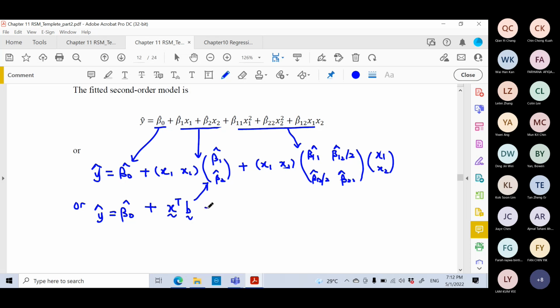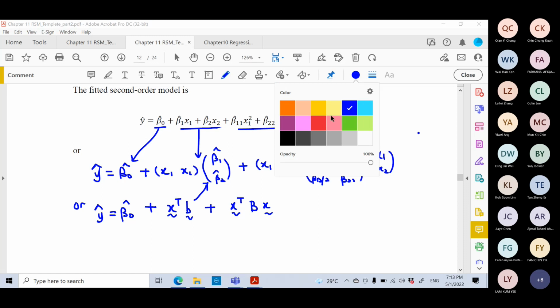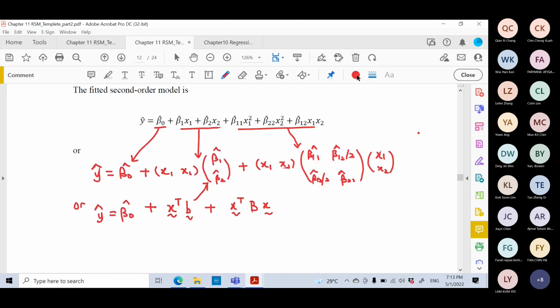Then plus the following one, where I use the same x, transpose, multiplied by this whole thing, which I call capital B. It's a matrix B, then multiplied by x. So this is what we need to get. It is an important thing.